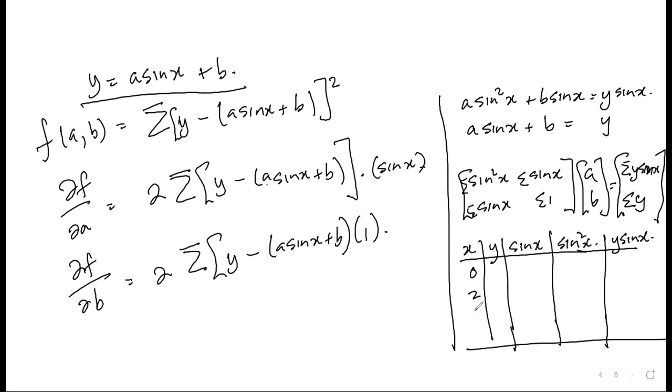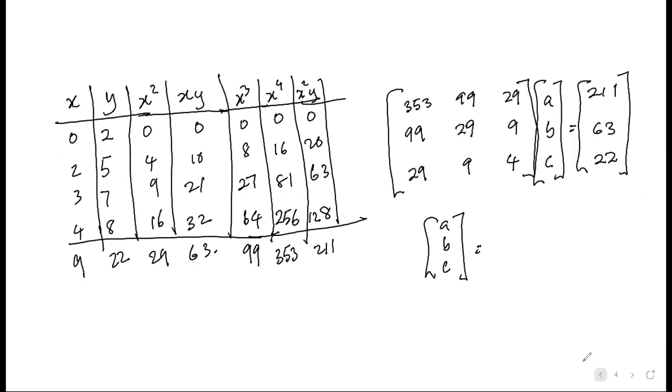The x values are 0, 2, 3, 4. And what was y again? 2, 5, 7, 8.